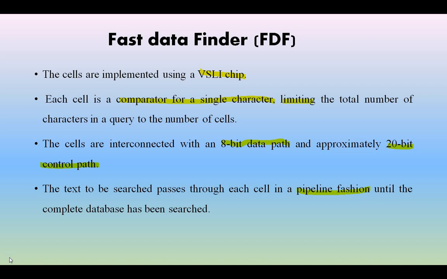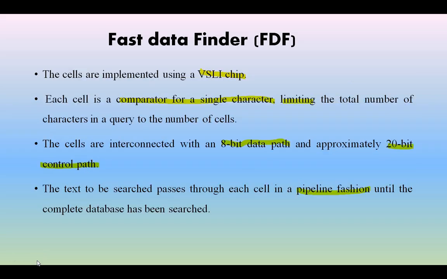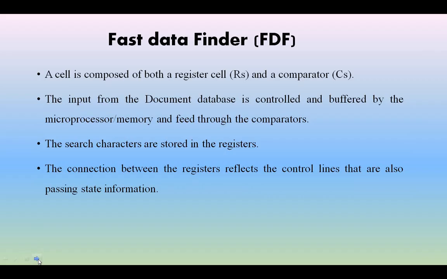In pipeline fashion, they search the information from the database, and this is considered one of the most sophisticated of all the hardware text search systems. So this concludes the fast data finder, one of the most advanced hardware text search systems in use.